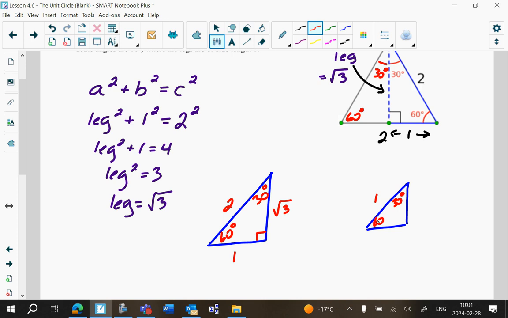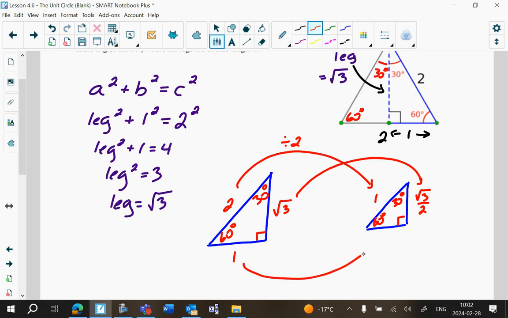What do I divide by to get from 2 to 1? 2 divided by what is 1? So I've got to divide all the sides by 2 to get a hypotenuse of 1. Root 3 divided by 2 is just root 3 over 2. Leave it at that. 1 divided by 2 is just 1 over 2, or 1/2.